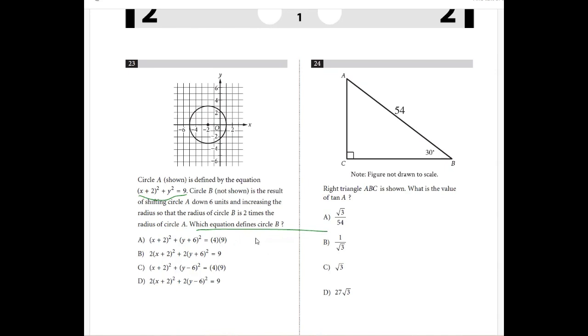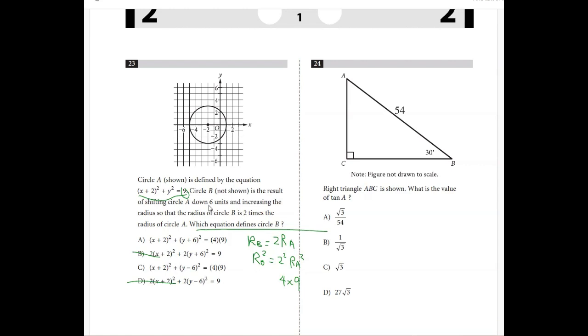So if we say RB is equal to 2RA, then RB squared becomes 2 squared RA squared. So 4 times 9. We know that RA squared is 9 here. So immediately B and D are eliminated.